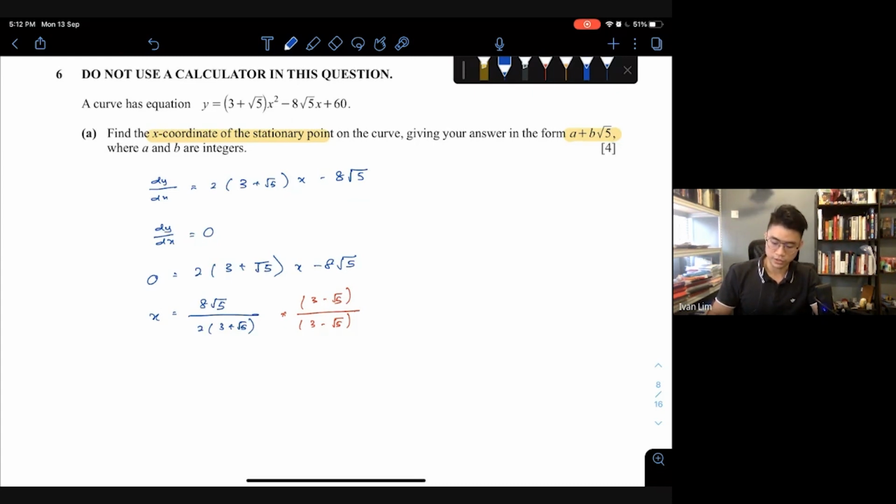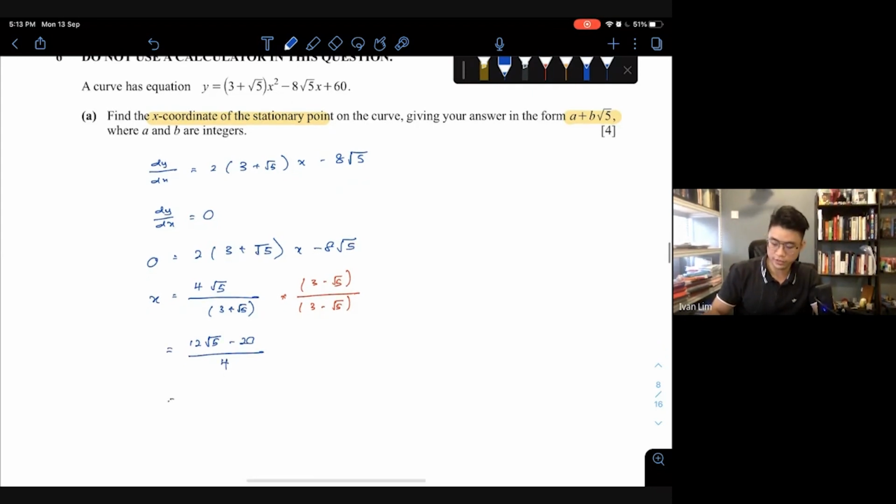You can also simplify it first, so it can be written as 4 surd 5 over 3 plus surd 5. I'll change it to 4 surd 5 first, easier for me to solve. Multiply it, you'll get 12 surd 5 minus 20 over 4, which we can simplify. 12 divided by 4 will be 3 surd 5. We want it at the back, plus b. Then 20 divided by 4, you'll get negative 5.